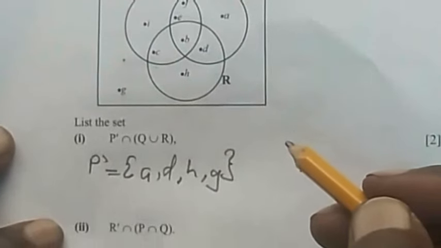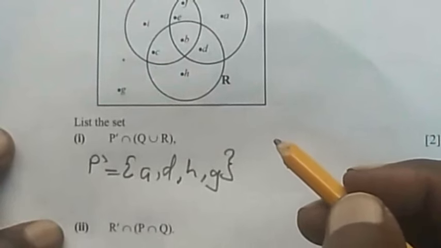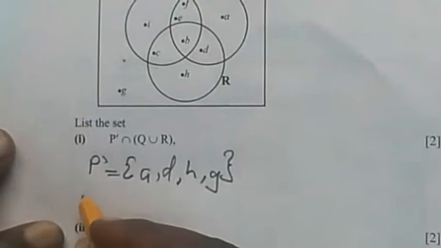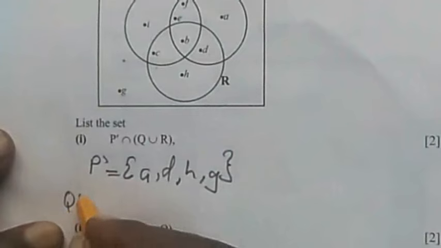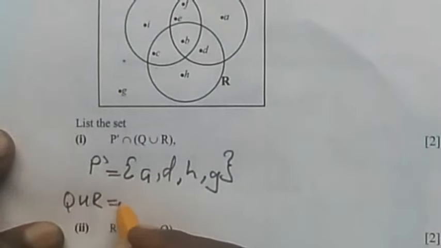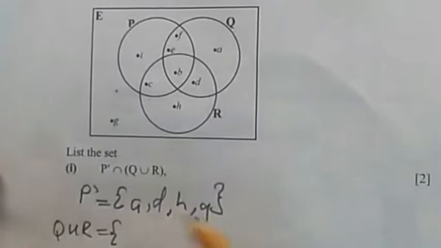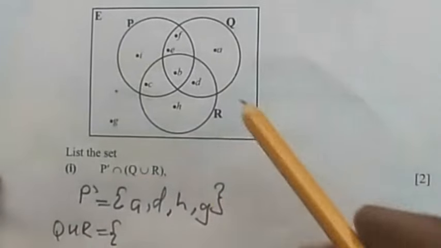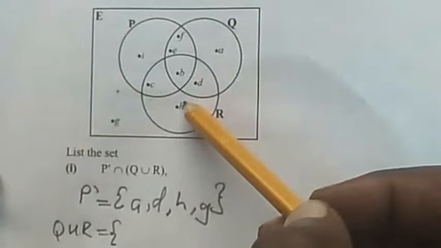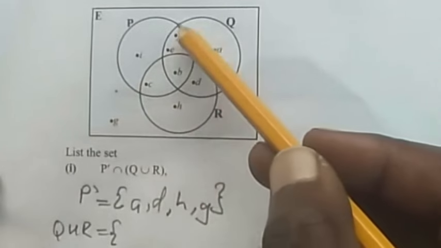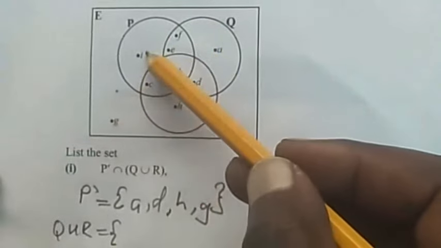Then the next thing we are going to look for is Q union R. So Q union R is equal to those that are found in here and here, except these, so we exclude this one and this one.